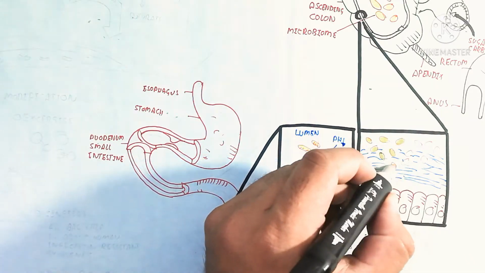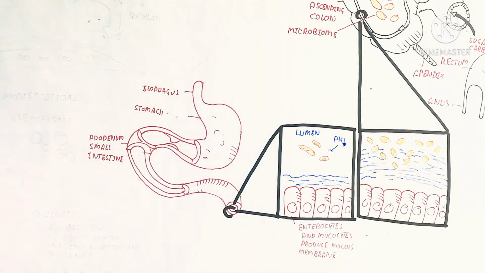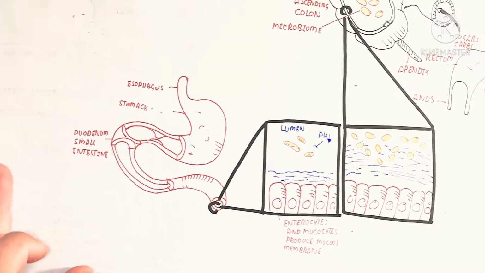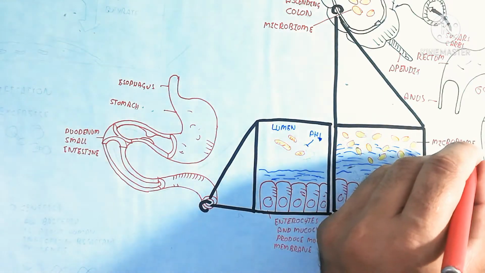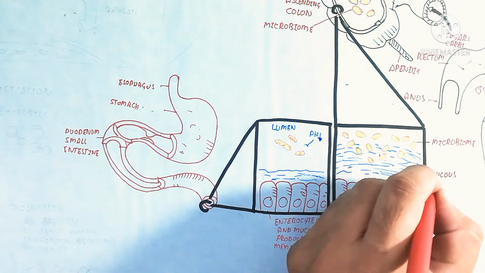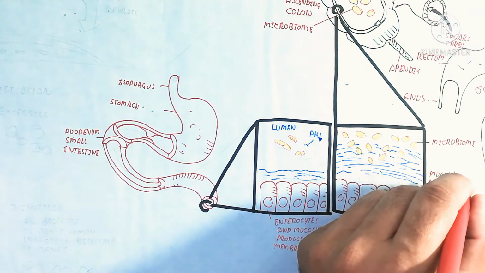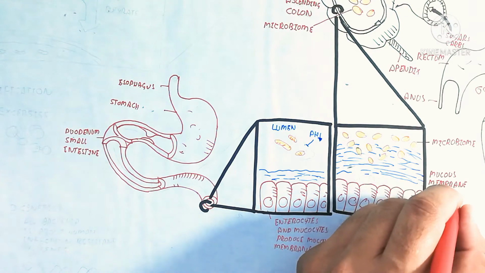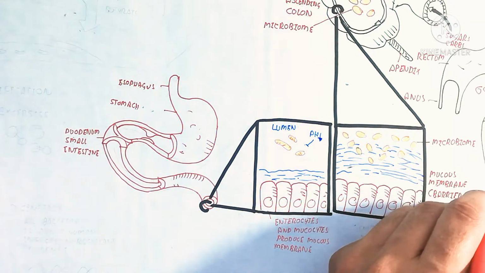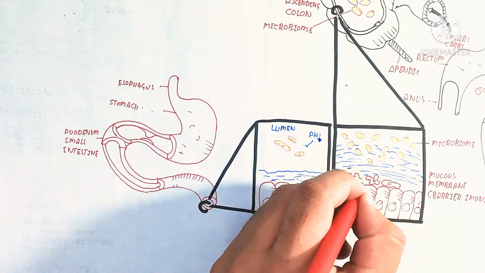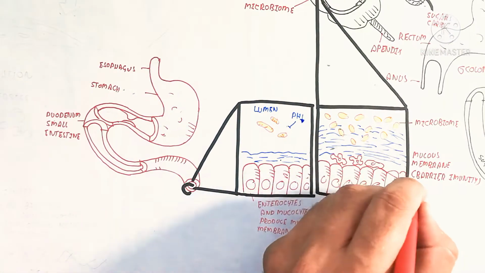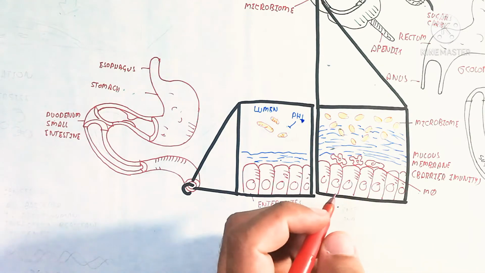So here is the large intestine, which contains harmful bacteria as well as helpful bacteria to create a microbiome. These bacteria do not penetrate into the enterocytes, while the microbiota live in the lumen and do not go further due to the mucous membrane produced by the mucocytes.